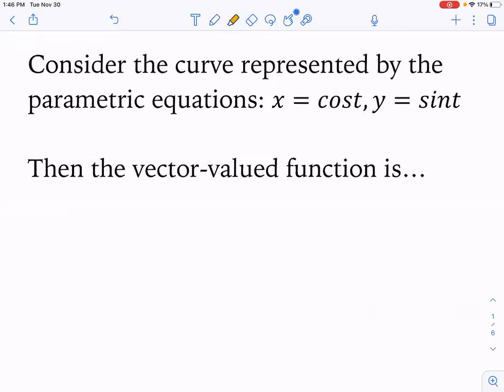All right, so go ahead and write down these parametric equations right here. And we're going to talk about what the vector valued function would look like.